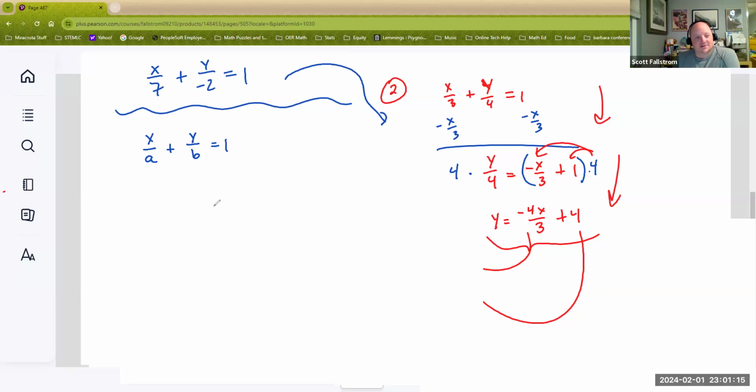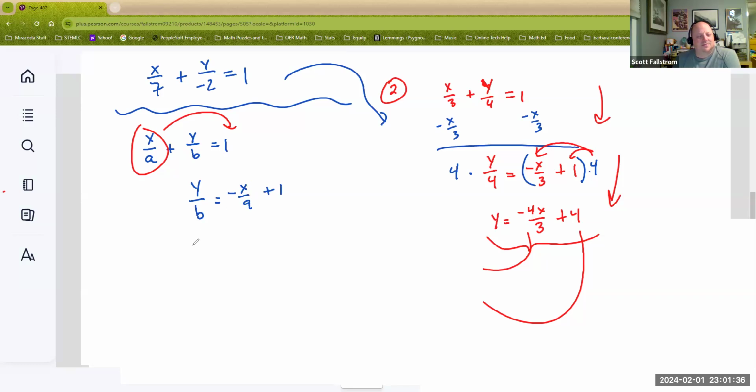Could I generalize this? So now watch, when I bring the x over a to the other side, it becomes negative, right? So I'm going to bring this to the other side by subtracting. So now I have y over b equals negative x over a plus 1.